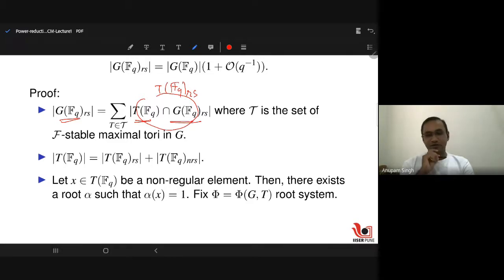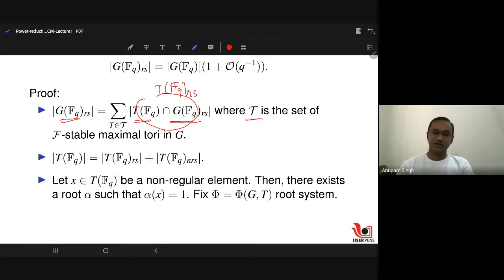You can't write this formula for semi-simple elements, because a semi-simple element can belong to more than one maximal torus, and then there will be repetition in the sum. So you would have to subtract something, and it becomes a strange formula. But for regular semi-simple elements, it's a very nice formula: just sum over all maximal tori and look at the regular semi-simple elements in those tori.